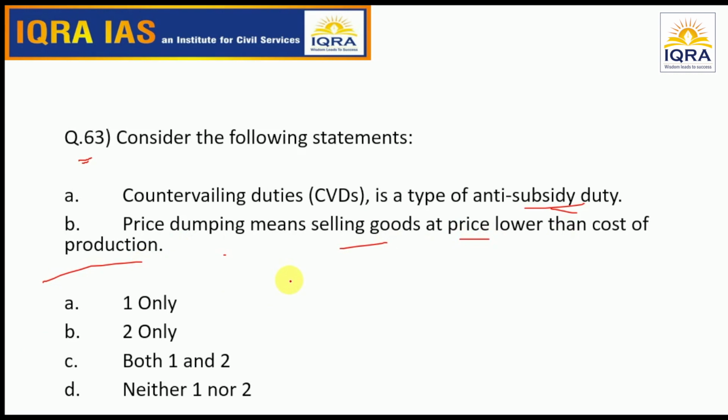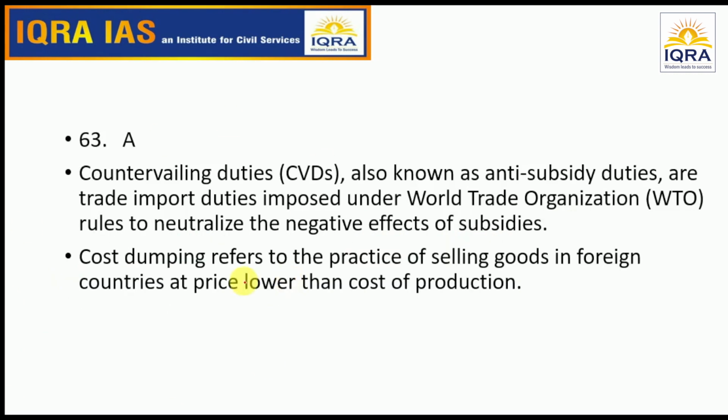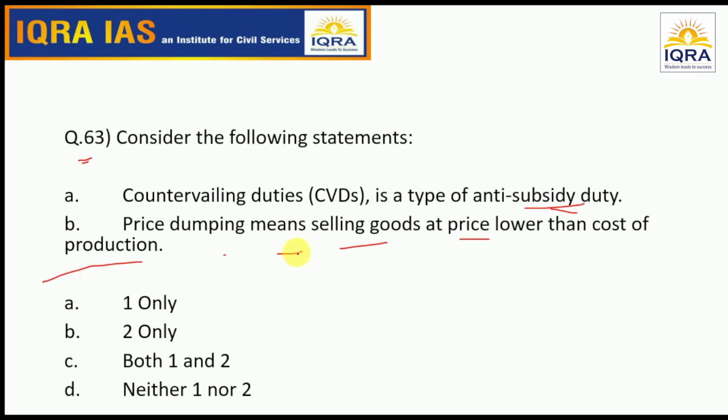What is the answer key saying? Foreign countries have been taken into consideration, so that is also one. But overall, yes, this statement is also correct. We will refer to this question once more in your evaluation, so keep this for reconsideration.